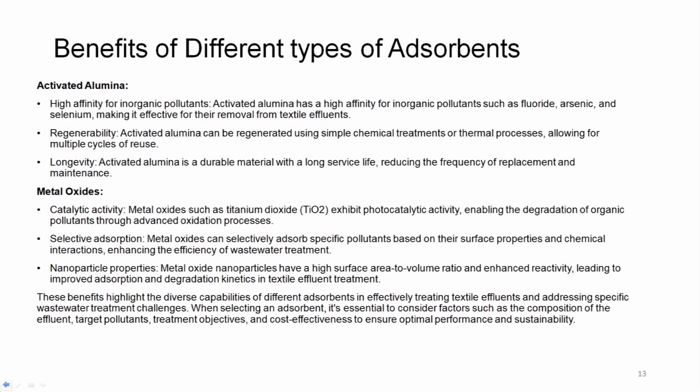Activated alumina can be regenerated using simple chemical treatment or thermal processes, allowing for multiple cycles of reuse. Longevity. Activated alumina is a durable material with a long service life, reducing the frequency of replacement and maintenance. So, activated alumina definitely has an edge over others, where it can be reused and recycled very frequently and very effectively.